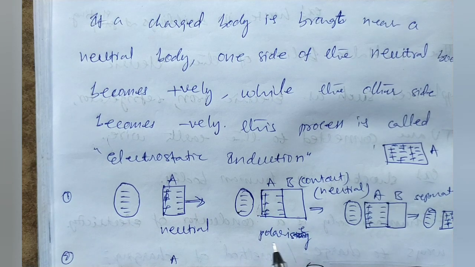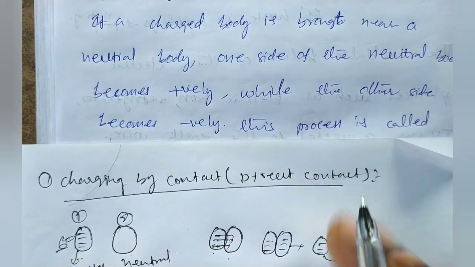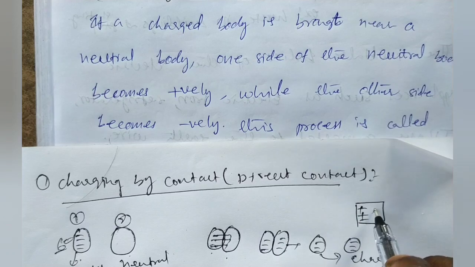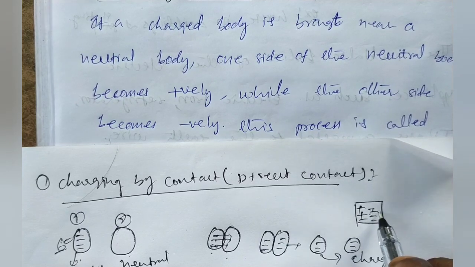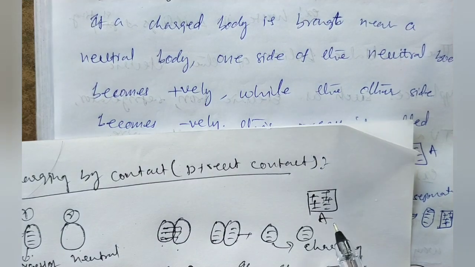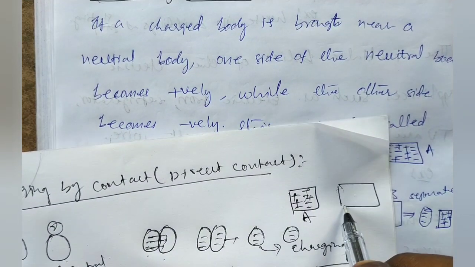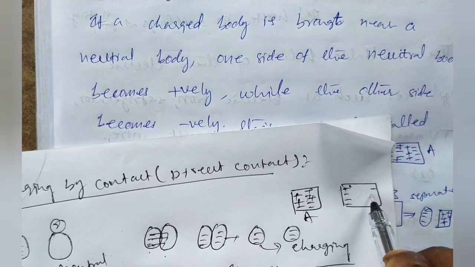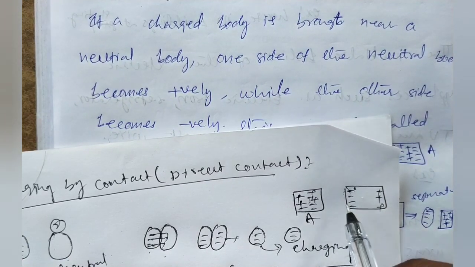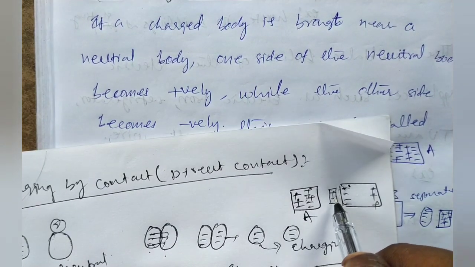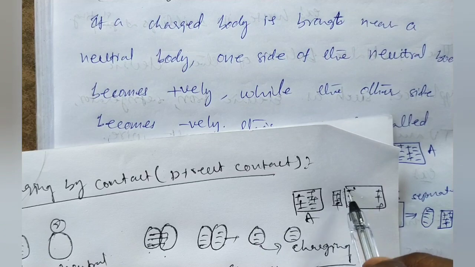Polarizing means separating the charge carriers from the initial state. This is a metal neutral body with the number of positive charge carriers and electrons without polarizing. When polarizing, the negative and positive charge carriers are separated.